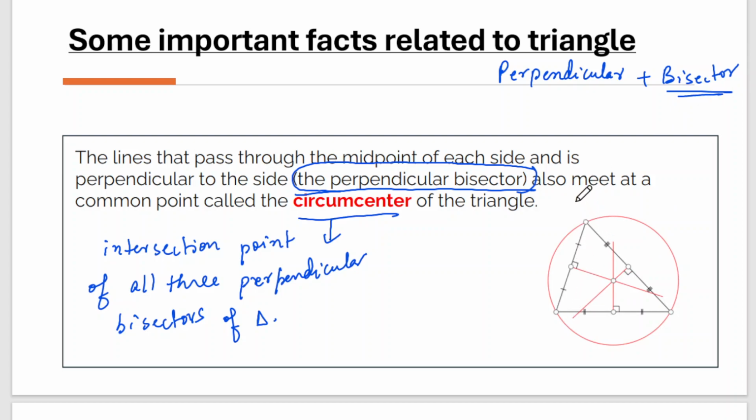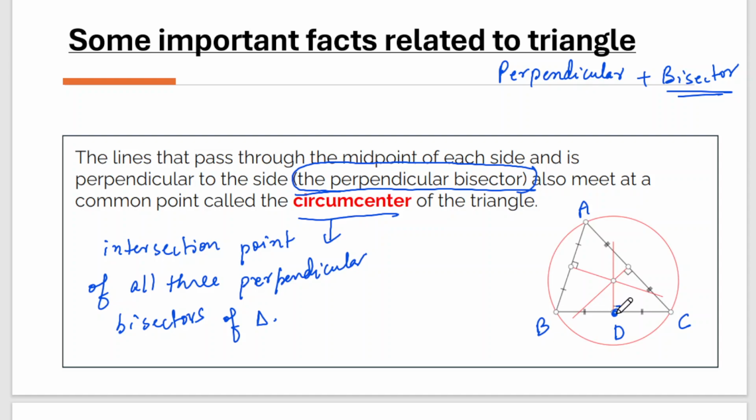So suppose, let me take one example. I have taken a triangle A, B and C. On BC, I have drawn a midpoint. Okay, and suppose the midpoint name is D. Here I have drawn a perpendicular, that is 90 degree, and not joining it to the vertex. I'm not joining this midpoint to the opposite vertex.